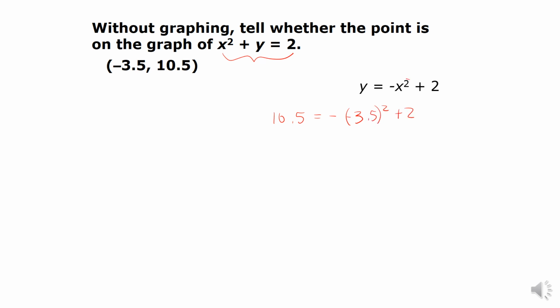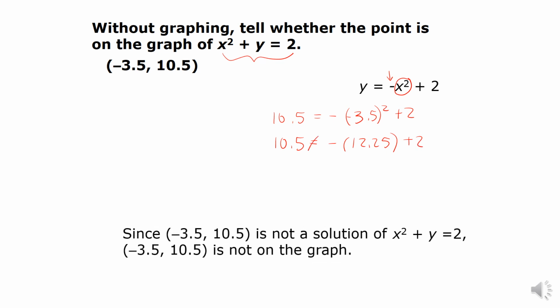Remember, it only replaces this part. So the negative is still there, which means it's probably not going to work, because if we have a negative number there, it's not going to equal 10.5. So we're going to get negative 12.25 plus 2, which is definitely not going to equal 10.5.